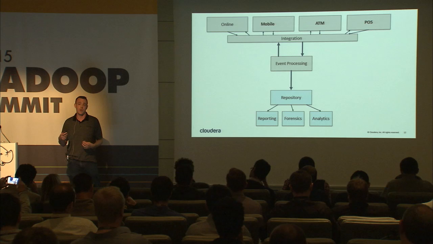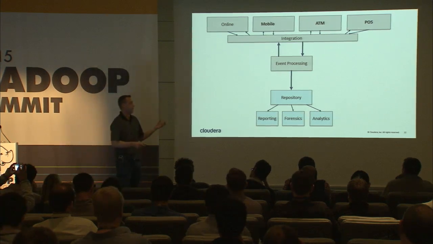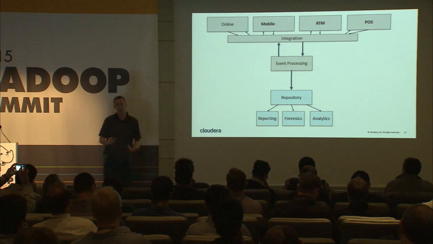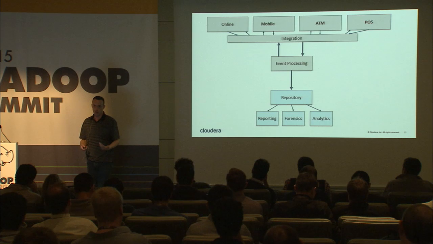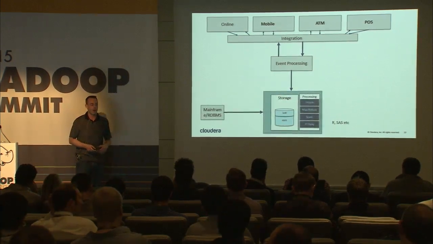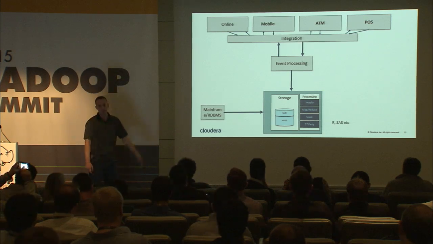Our next step is a persistence layer, and in this case we persist into a repository, and this lets us do reporting, forensics, analytics, all those kinds of things. At this point, forgive me, I've overlaid a technical component on a functional diagram, sorry. But of course, we use Hadoop, right?